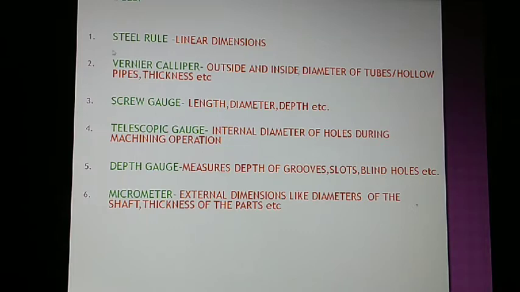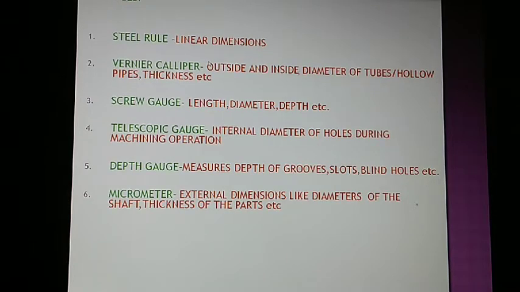Steel rule is the simplest type of measuring instrument, in which linear dimensions are measured, and the vernier caliper is also the most widely used measuring instrument in labs. You all have seen this caliper in labs like the mechanics lab or machine lab or for any type of measurement purpose.